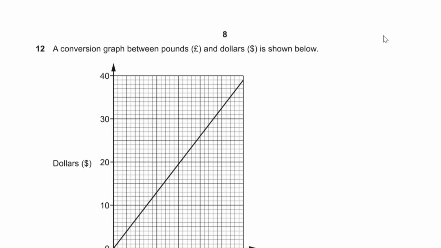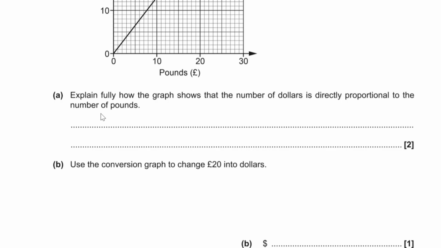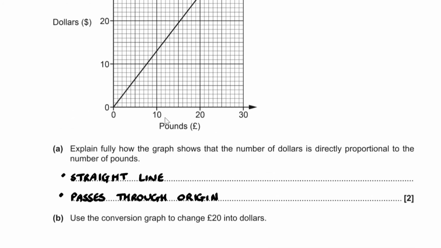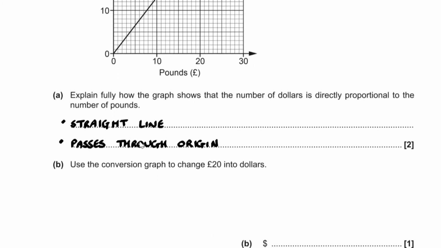Question number 12. A conversion graph between pounds and dollars is shown below. For part A, we have to explain fully how the graph shows that the number of dollars is directly proportional to the number of pounds. Well, we have a straight line which passes through the origin.